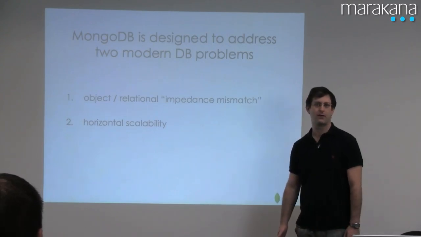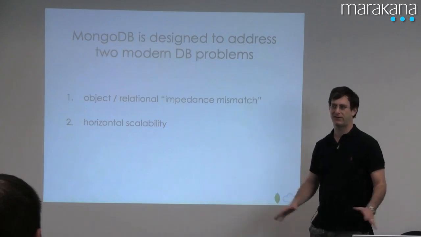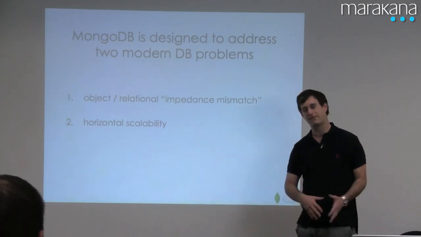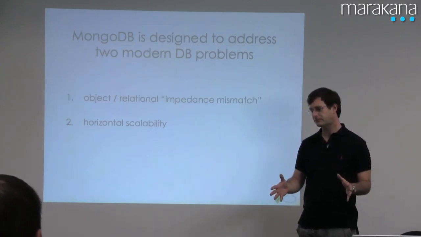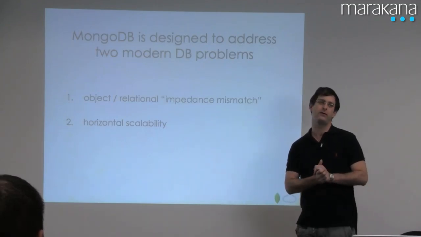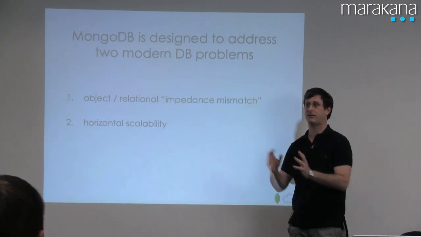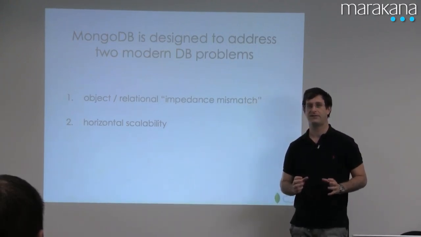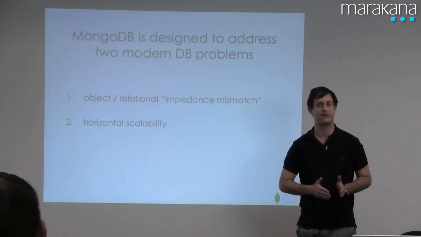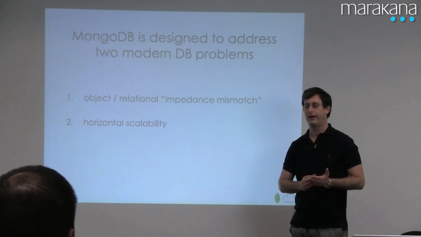The other problem that MongoDB set out to solve from its very inception is the horizontal scalability problem. So any of you who have tried to get MySQL to scale past what, or not just MySQL, right? Any of these guys, past what it was originally designed to handle, find it hard. I mean, you go into techniques, you implement sharding, right? You might divide your data set into lots of different sub-pieces and route in your application the requests for the data to the appropriate place for it.